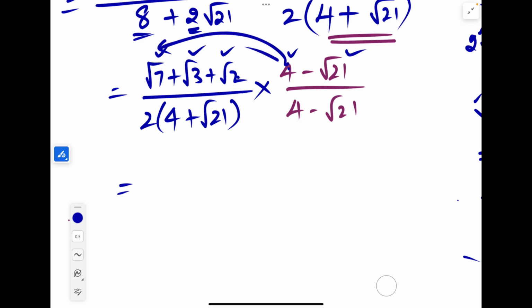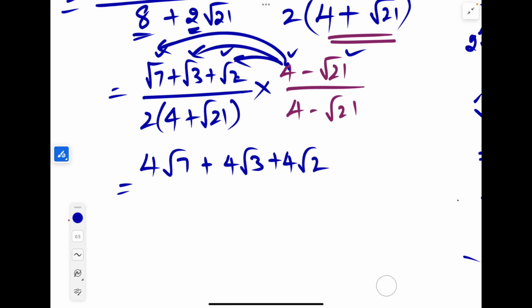4 into root 7 is 4 root 7, plus 4 root 3, plus 4 root 2. Now when you are multiplying the negative root 21, make sure all the signs will get changed, because this is negative and all these terms are positive. So negative into positive is negative, so we will get 3 negative terms. Root 21 into root 7, so we can write it as root of 7 into 21.